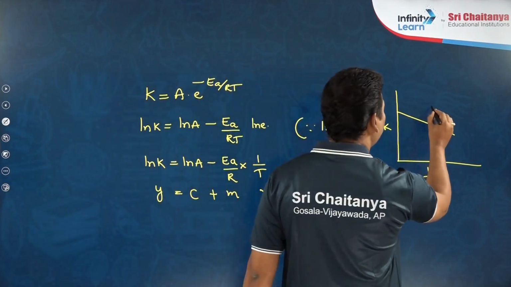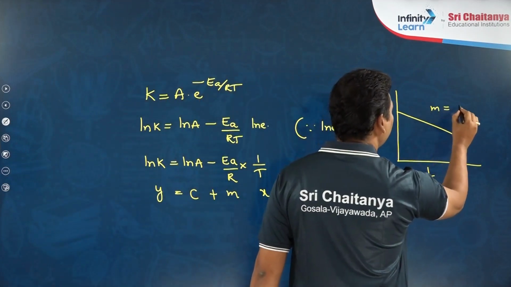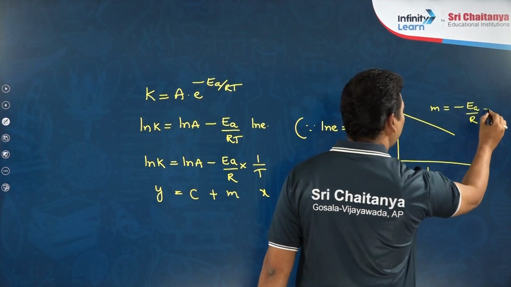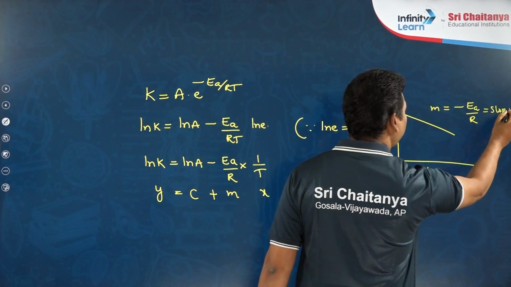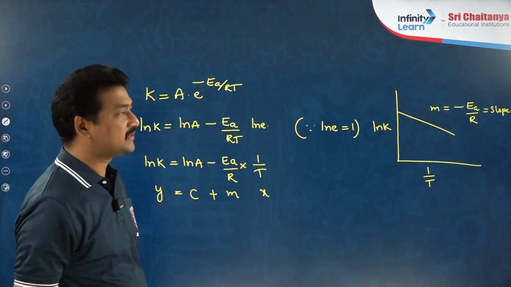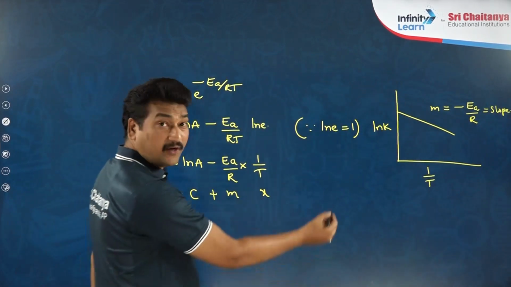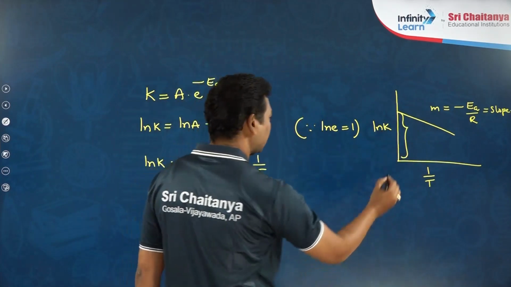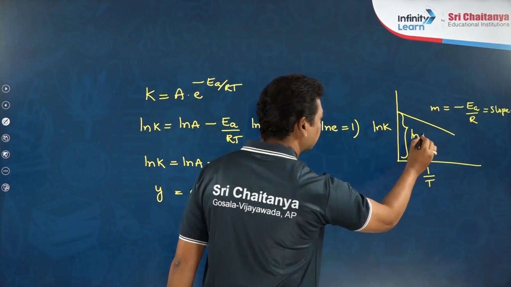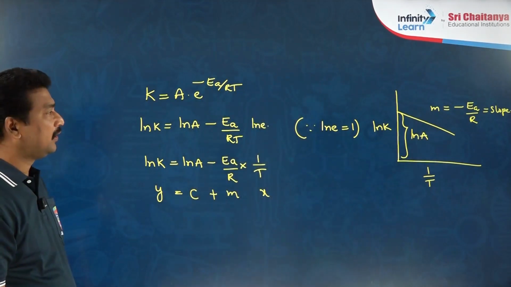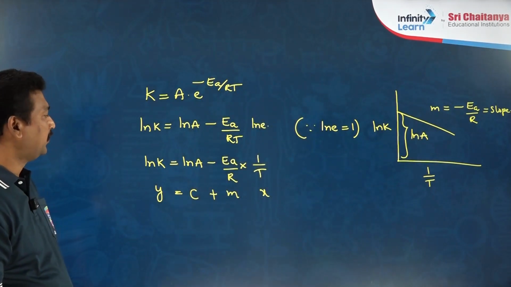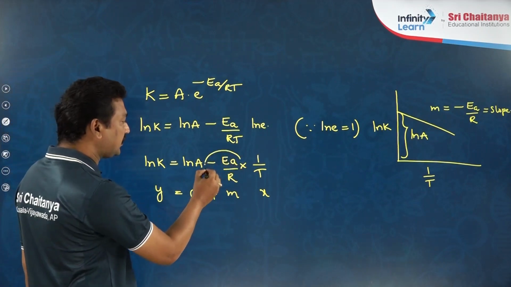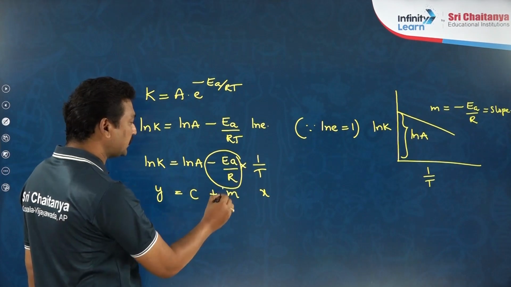The slope value is m, which is minus EA by R. This is called the slope. And there will be an intercept here, which is ln A. We got a straight line with a negative slope, whose slope value is equal to minus EA by R.